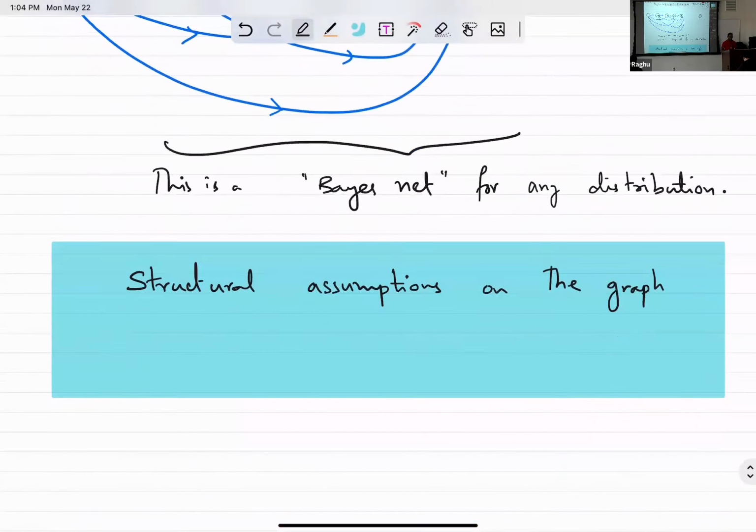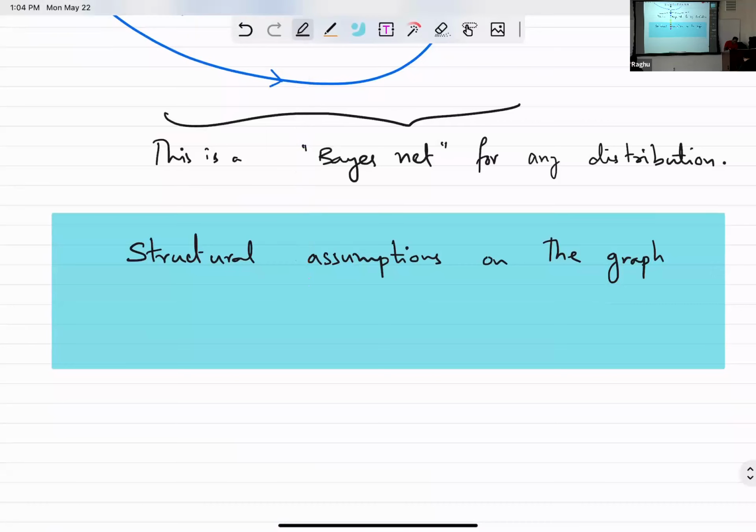So people have studied cases where you place some structural assumptions. Assume the graph is simpler in some way. Maybe it's just a path, or more generally, you can say I'll limit the in-degree of vertices, so it is bounded.